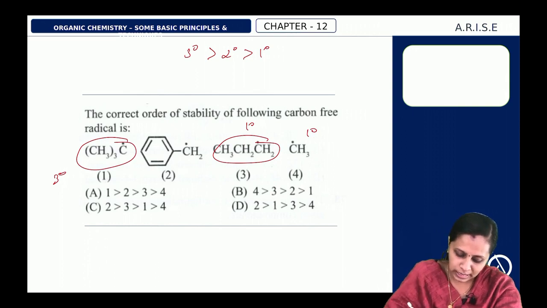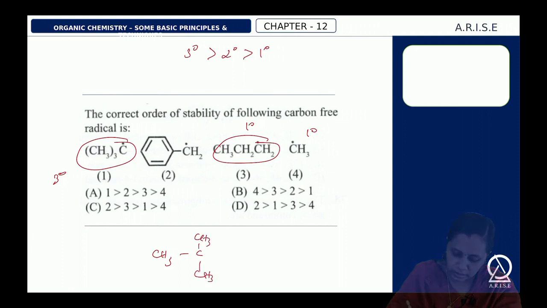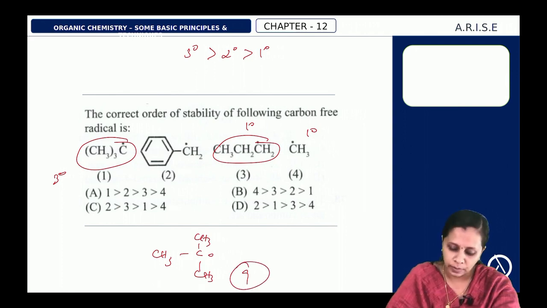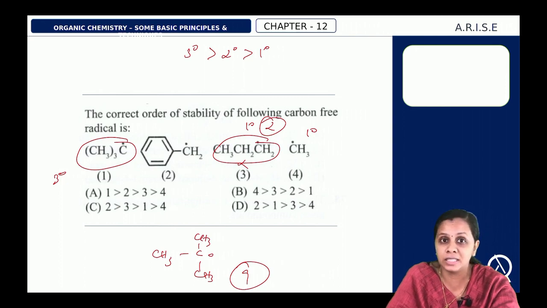In (CH3)3C dot, you have 9 hyperconjugative structures. Then you consider this one: here you have only 1 alpha carbon and 2 alpha hydrogens, so 2 hyperconjugative structures. Hyperconjugation is not possible in the CH3 free radical.